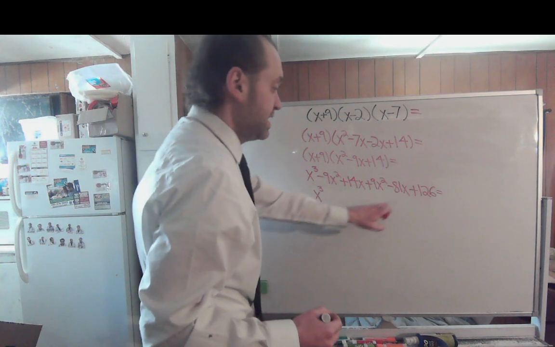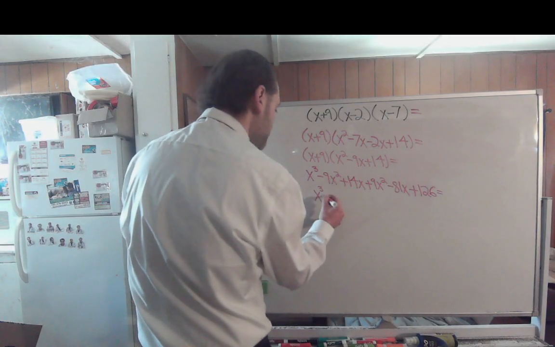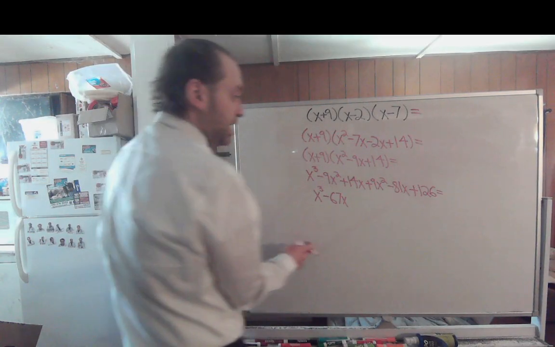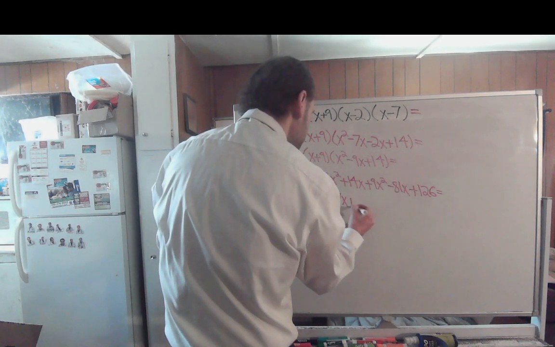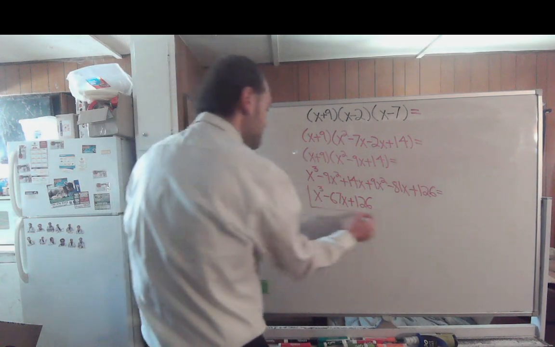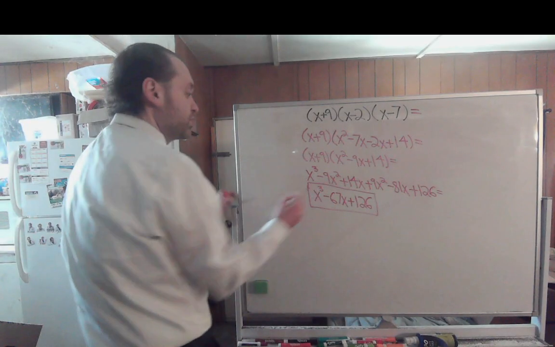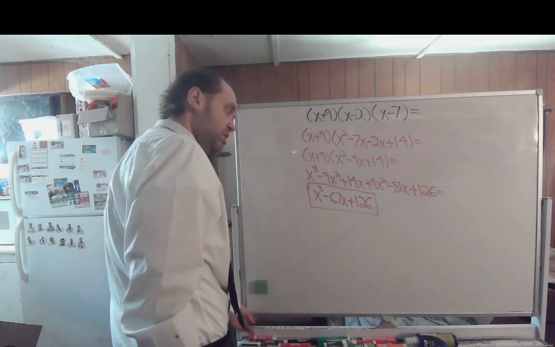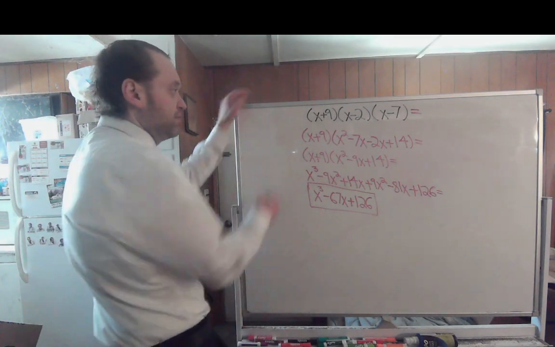Then you have 14x minus 81x, that'd be minus 67x. Then you have plus 126. So this is going to simplify into x to the third minus 67x plus 126. Really not that bad having three of them.